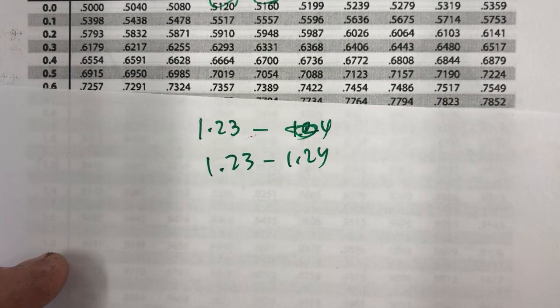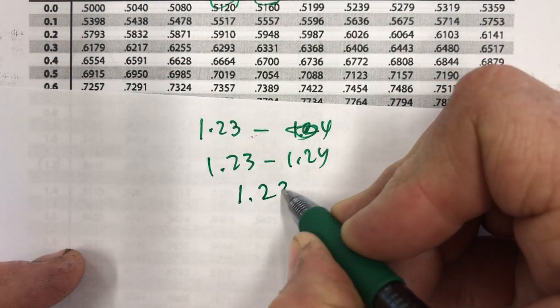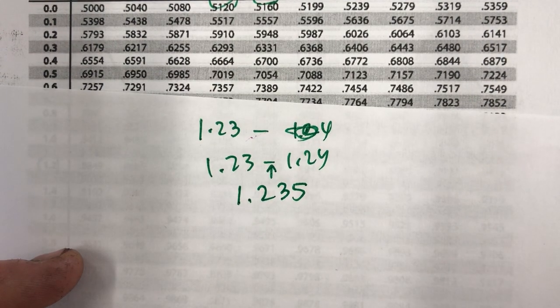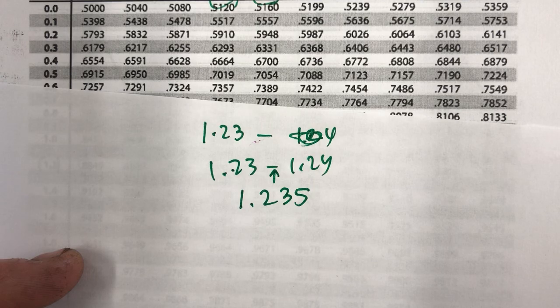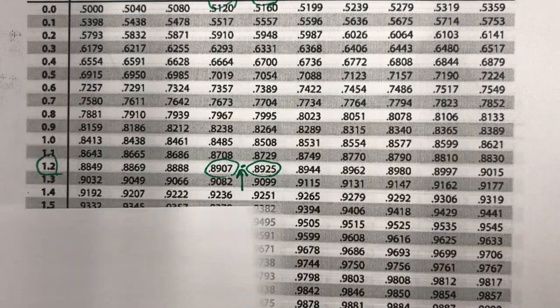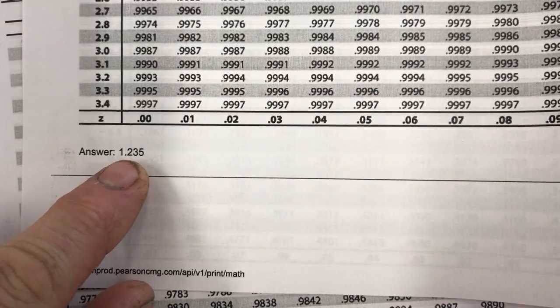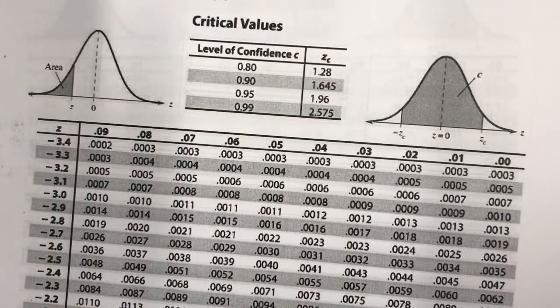So what we might do is say it's 1.235, which is halfway between those. But I believe if you put 1.23, I think it'd probably count that one. I don't see my answer on here. Yeah, but here it says right here, 1.235 is the answer they go with. But I think it'll take you to one.